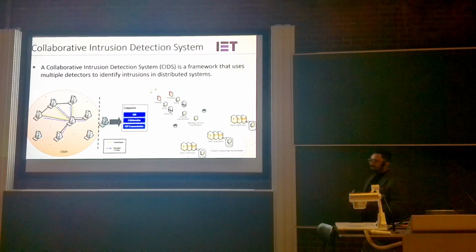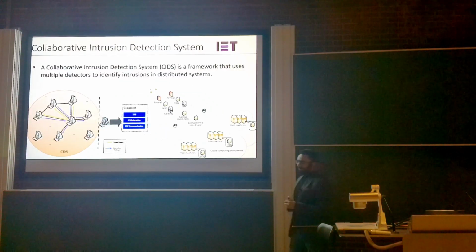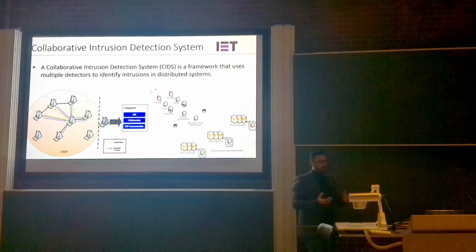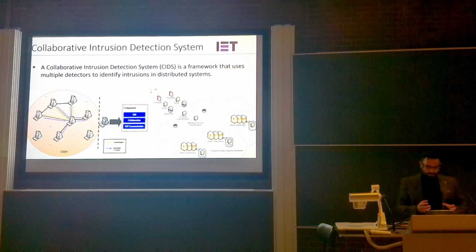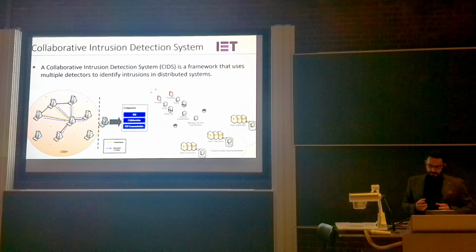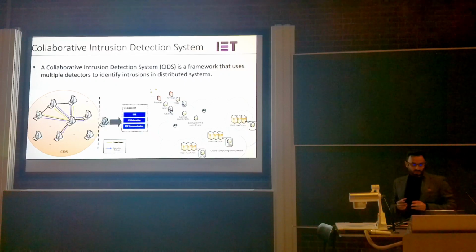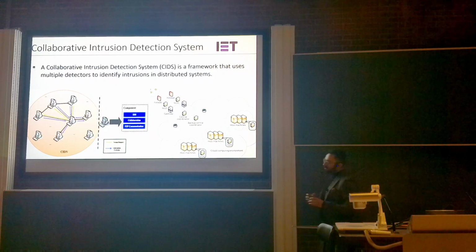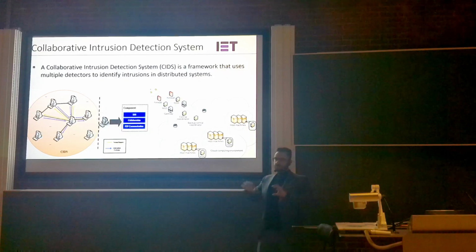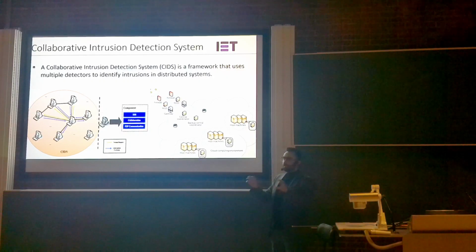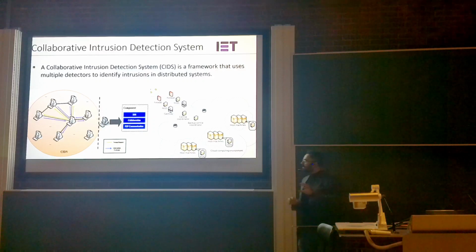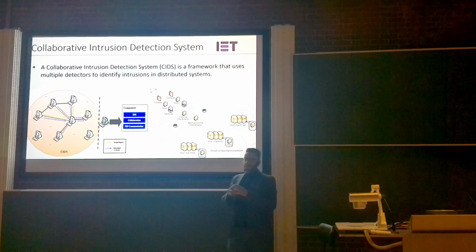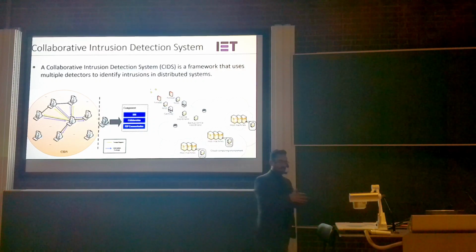So the emergence of collaborative intrusion detection came into place, where things became more based on the use of distributed servers, and the knowledge that is deployed or implemented by different servers comes together to tackle specific attacks.